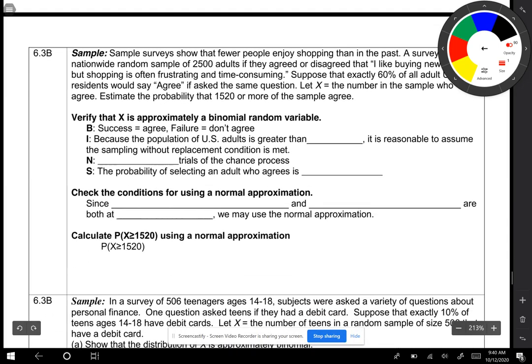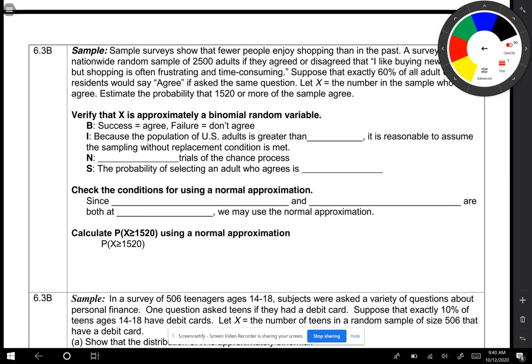Let's do 2 sample problems. Sample surveys show that fewer people enjoy shopping than in the past. A survey asked a nationwide random sample of 2,500 adults if they agreed or disagreed that, quote, "I like buying new clothes, but shopping is often frustrating and time consuming."